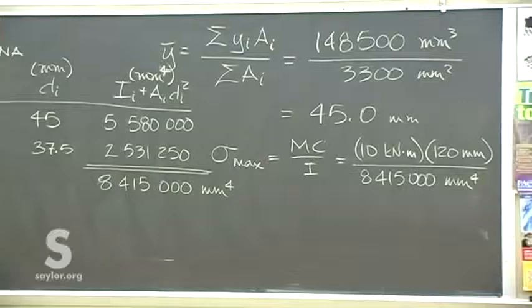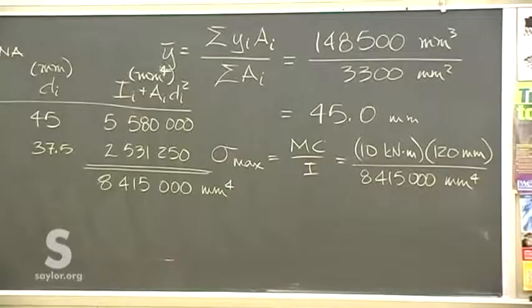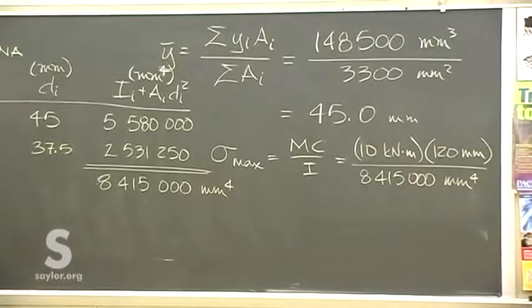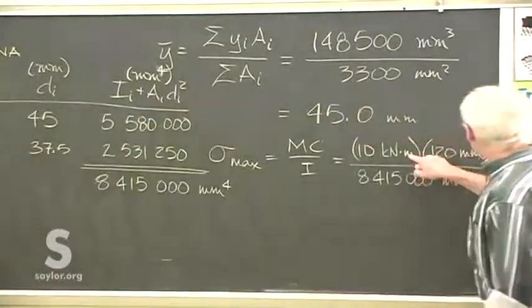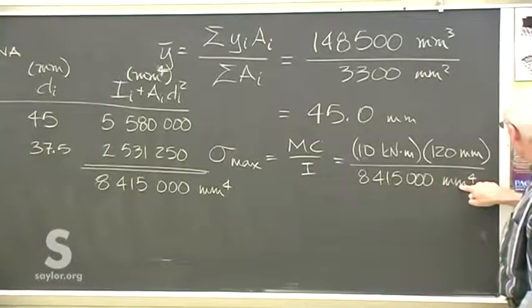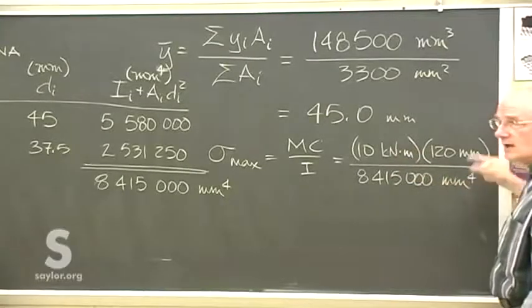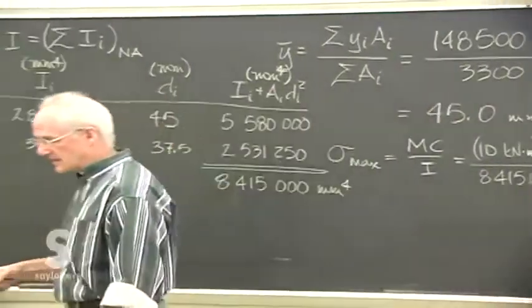Let's see, units work out? In general, you're going to have to watch meters and millimeters, but the units work out in general. Yeah, we've got 2 length on the top, 4 on the bottom, so if we lose 2 of those, we're going to get kilonewtons per meter squared when we fix it, which is kilopascals, so it's going to be all right.